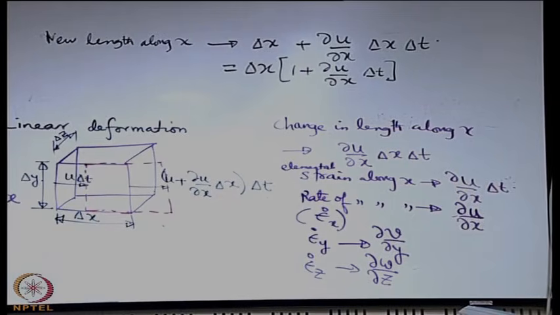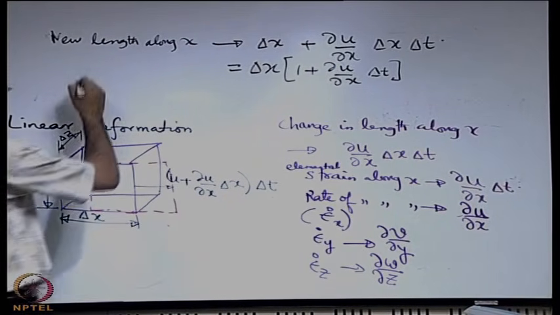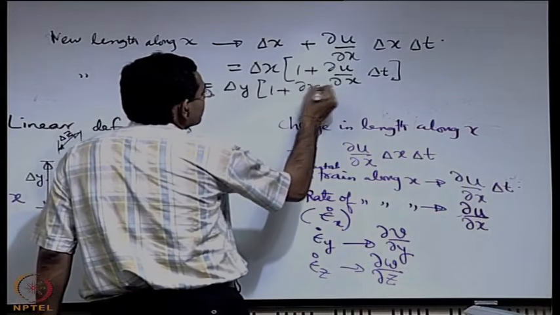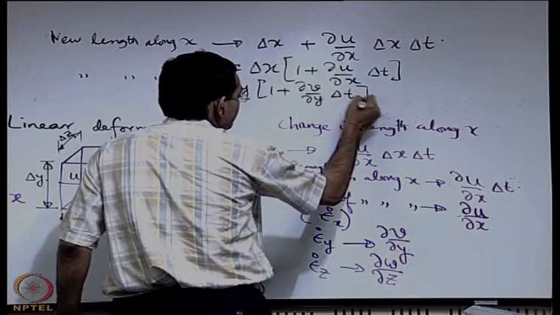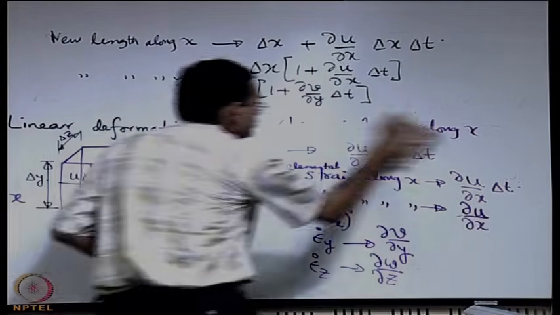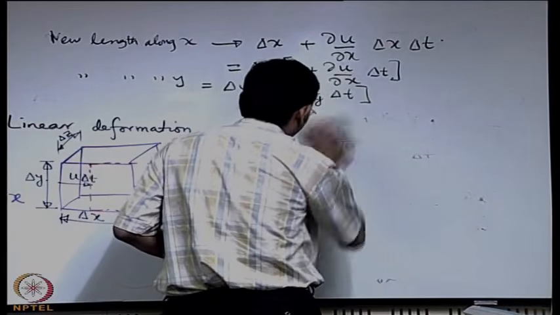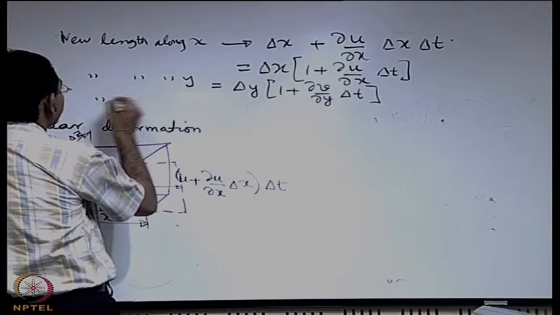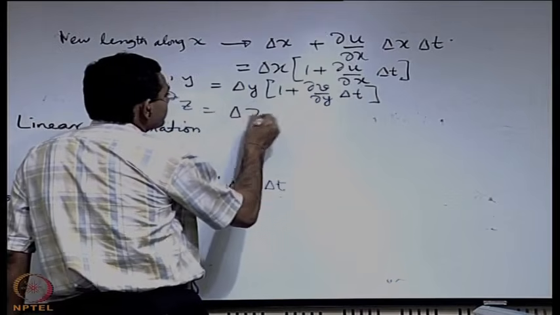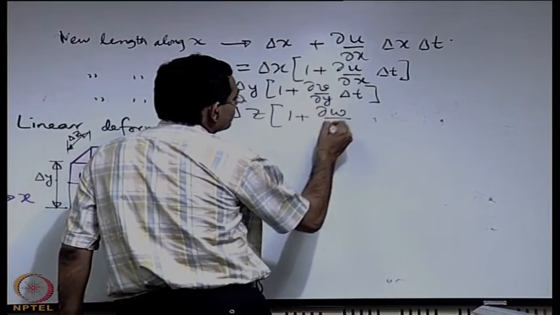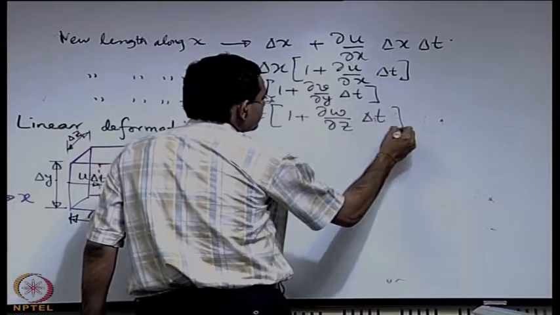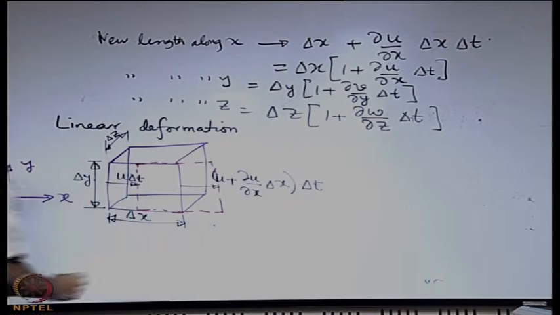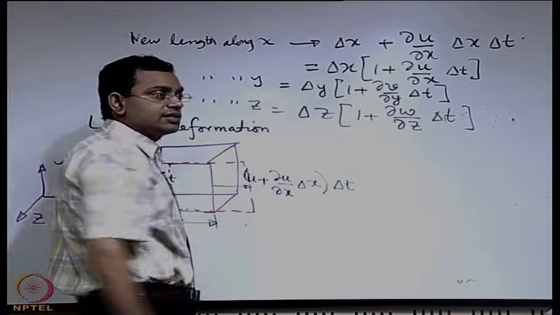Similarly, it is possible to write what is new length along y and new length along z. So let us complete those expressions. So the new volume is a product of these three.